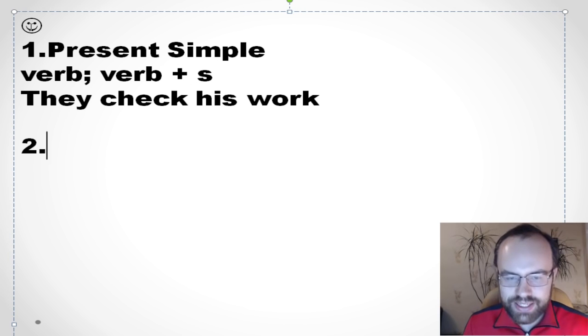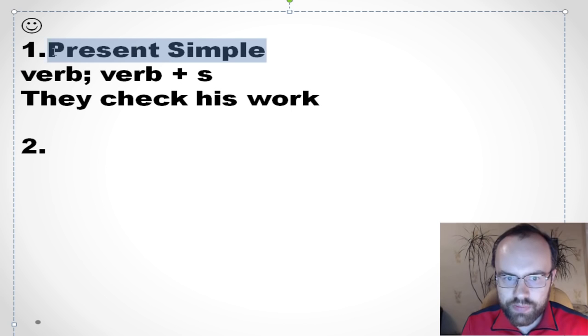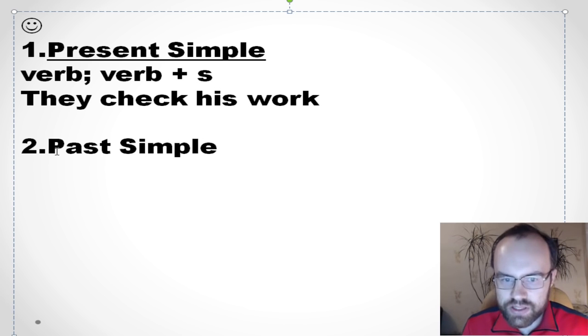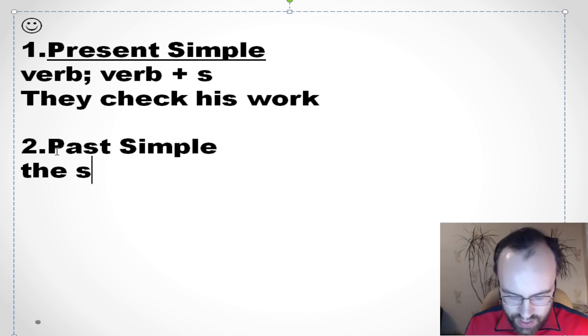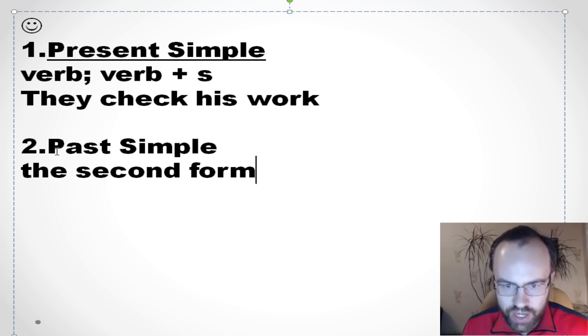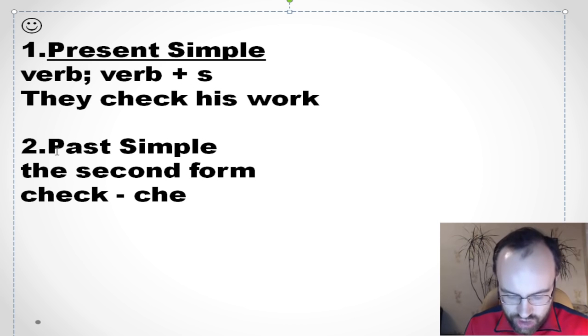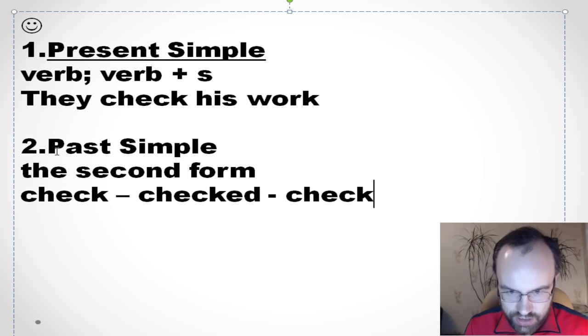Let's say the same in past simple, so it's easier. To form past simple, you need to use the second form. I hope that you remember it. If we look at this sentence, check, next checked, and checked.